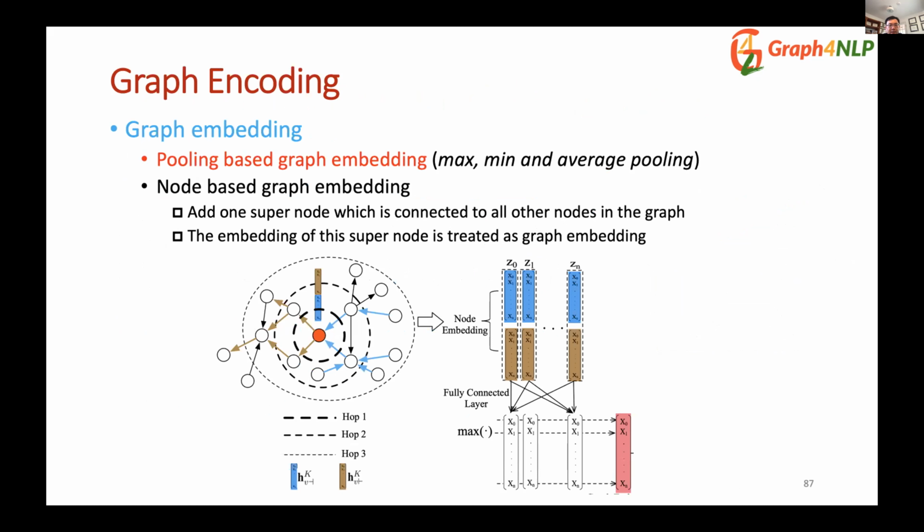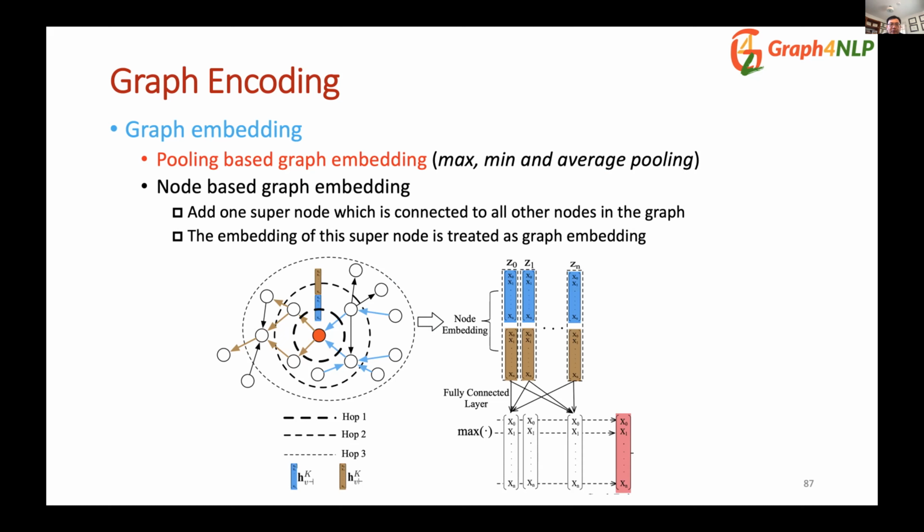So the graph encoding part is, as we mentioned, you already compute the node embedding for each graph node, and later you have to generate the graph-level embedding so that we can fix it as a context vector for the decoding part. There are two ways to do that. One is pooling-based graph embedding, where you can use max pooling, min pooling, or average pooling. The other is called node-based graph embedding.